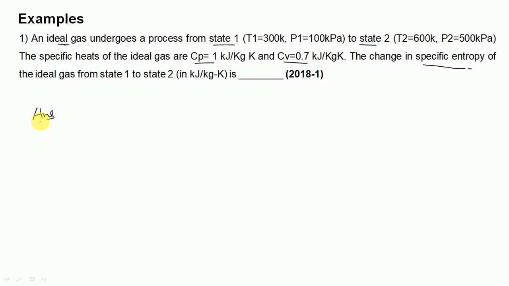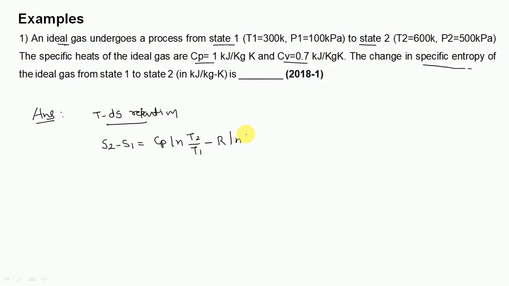For this problem, we already discussed in the previous slide the TdS equations, which we derived from the TdS relation. We already derived these two equations. One is delta S or S2 minus S1 is equal to Cp ln T2 by T1 minus R ln P2 by P1.